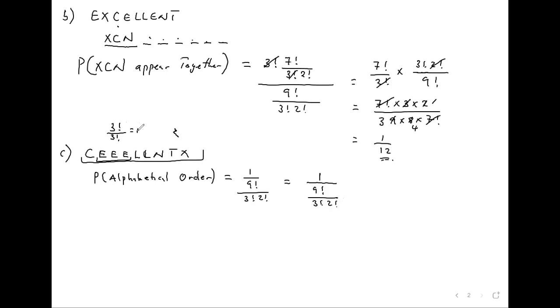For L, there are 2, so it will be 2 factorial over 2 factorial because they repeat. So we only have this way for us to have the alphabetical order, or else it will fail to be in the alphabetical.